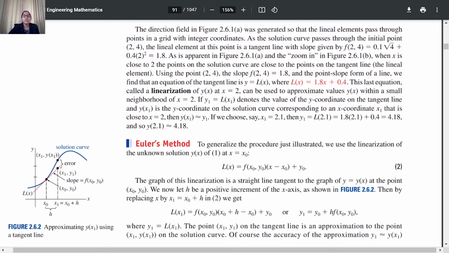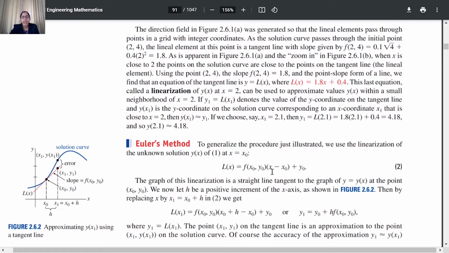So here, first of all, instead of x we will replace x by a small change, that is x is moving a little bit, x dot to x1, where x1 is x dot plus h. So instead of x in this equation, we will replace it by x1, where x1 is x dot plus h. So what will be the value? L of x1 will be f of x dot y dot, all other values remain the same except x.